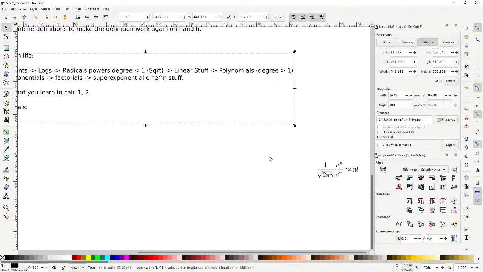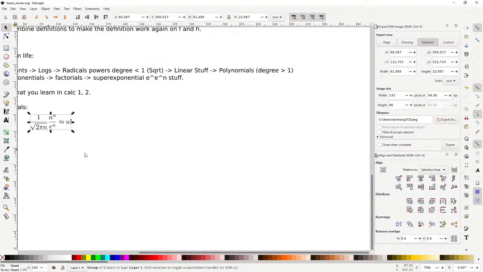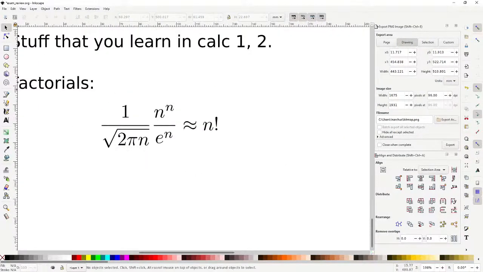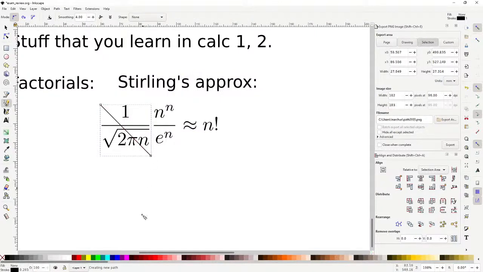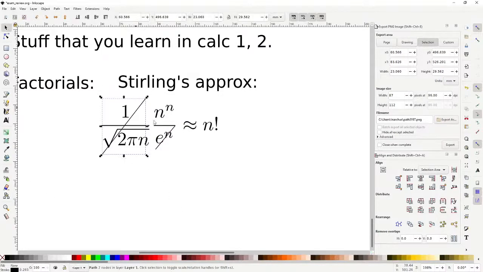And you might think that this is a really horrific looking thing, but the good news about Stirling's approximation is that for big O purposes, a lot of the times you can actually just ignore this part, because this is only a single square root of n power, so most of the time you can just completely drop that. And even most of the time you can ignore this part and this part. So, as it turns out, in big O, n factorial is big O of n to the n.